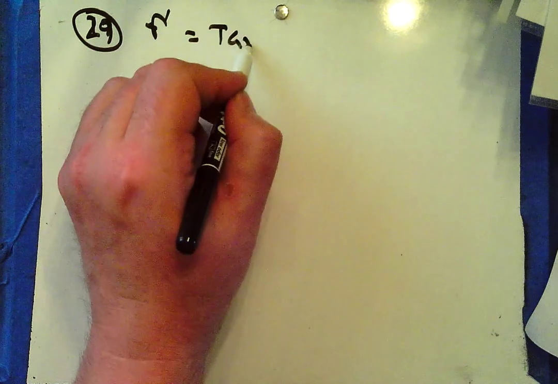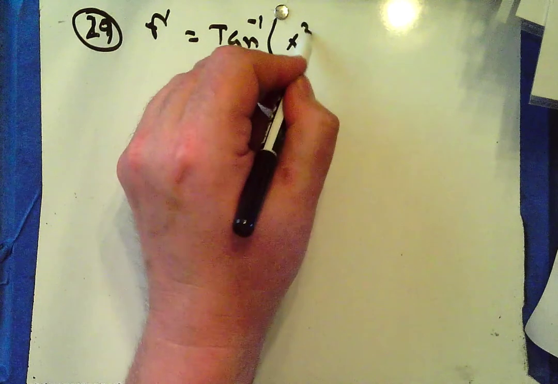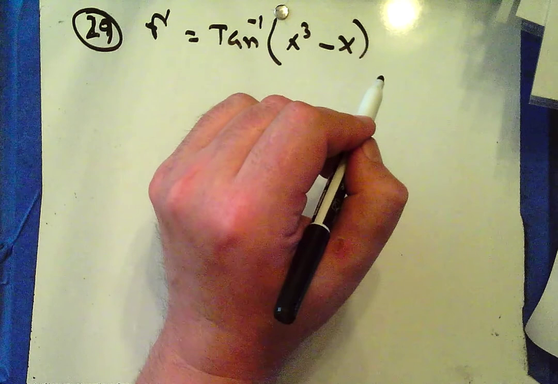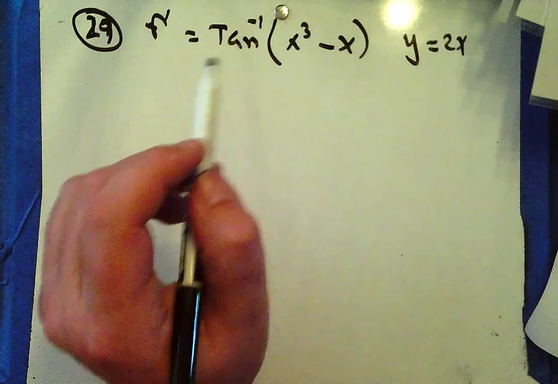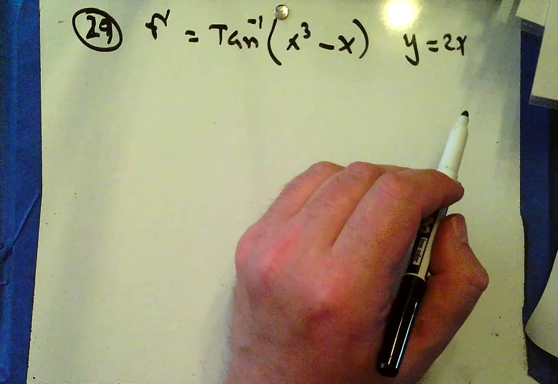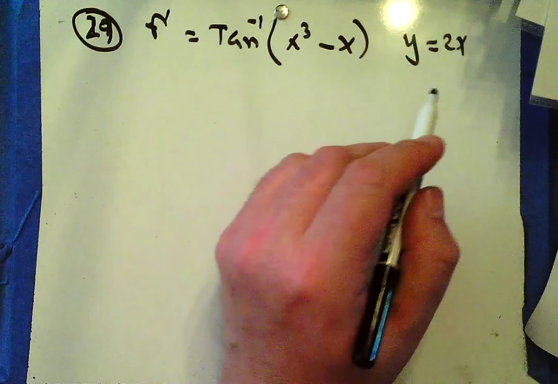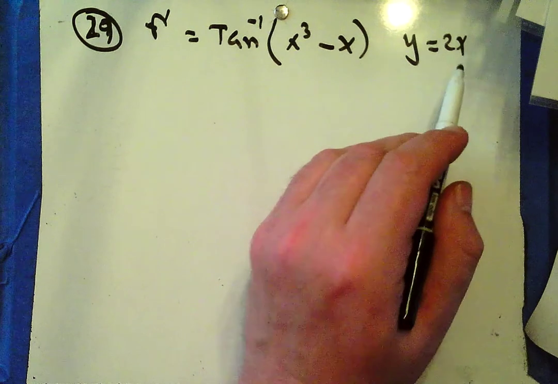There's 17 problems here. And so number 29 says f prime equals tangent inverse of x to the third minus x. How many points is the tangent line to the graph parallel to the line y equals 2x? Well, if y equals f of x parallel to this, then those lines must have the same slope.